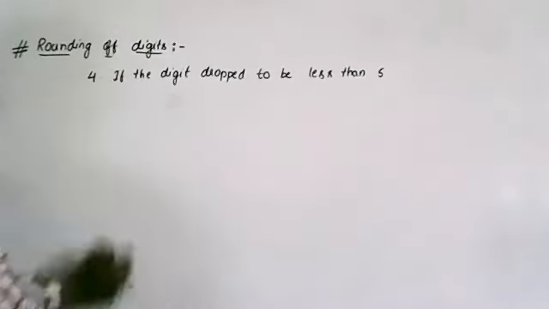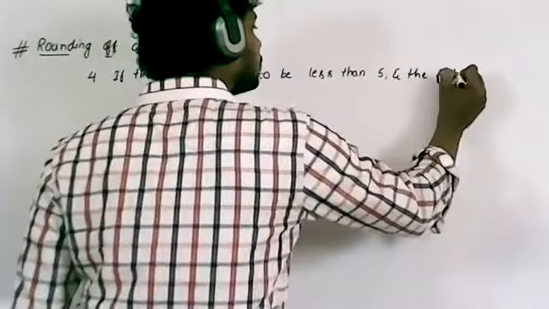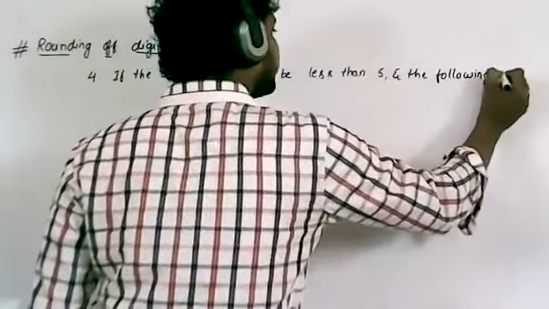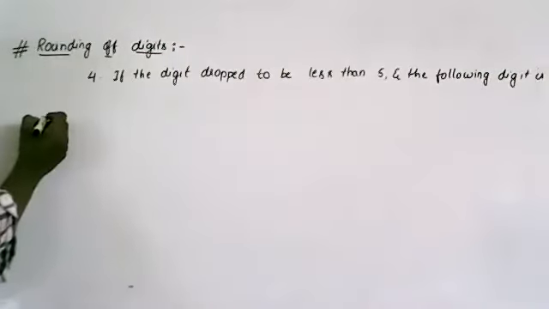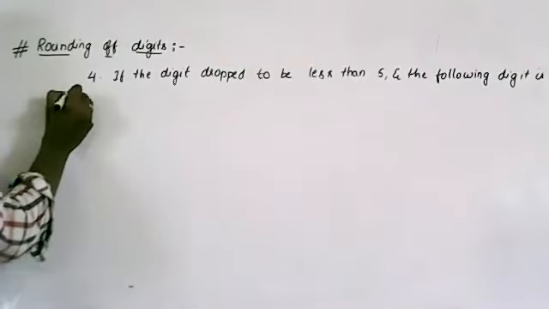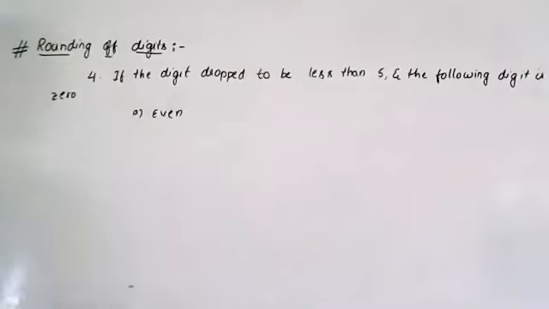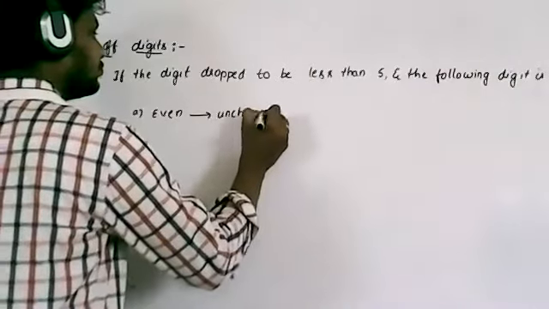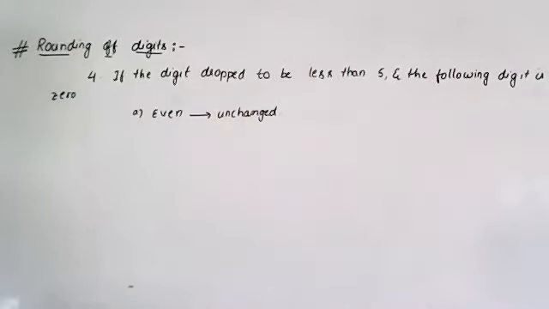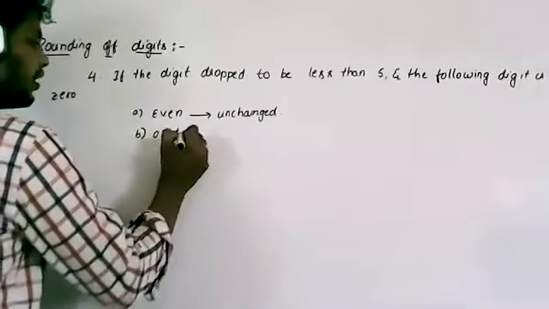If the digit dropped is 5 and the following digit is 0, first I will take the even case. Even case means it is unchanged. If you take the odd case, it is raised by 1.